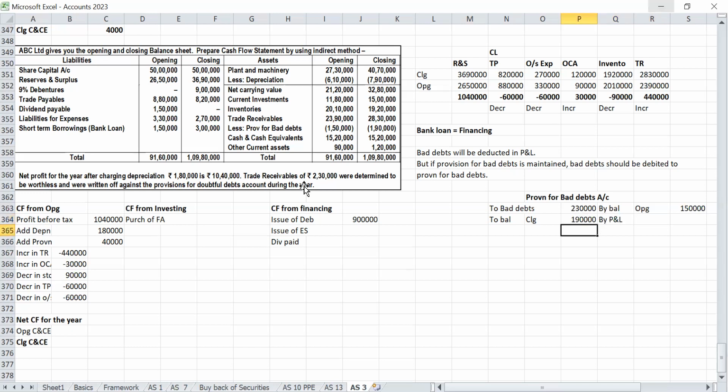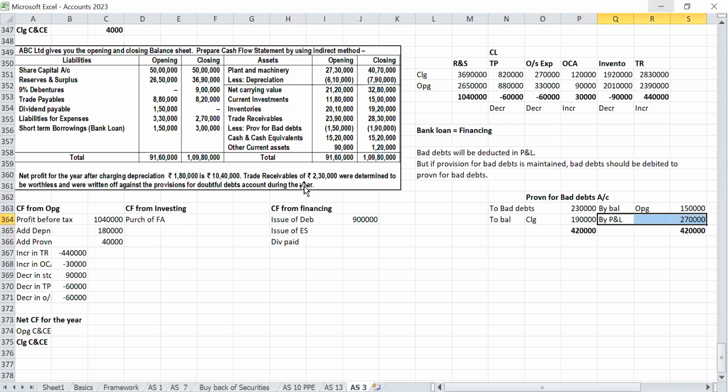By profit and loss account 2,70,000 you have debited to profit and loss account. For your understanding I am preparing provision for bad debts. Here it is not required. Here you just see the increase in provision. How much does provision increase? 40,000. So that should be directly added to profit and loss account.